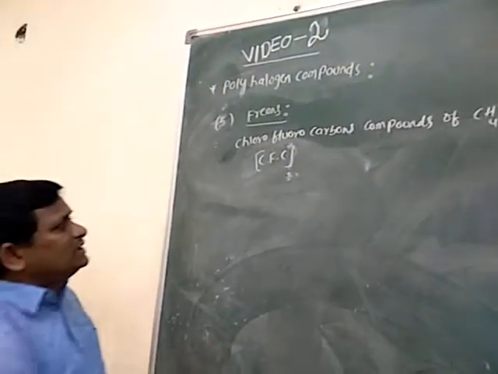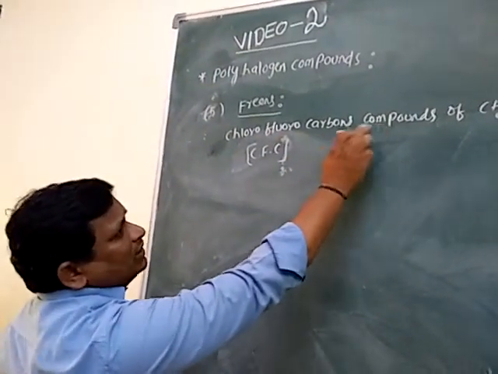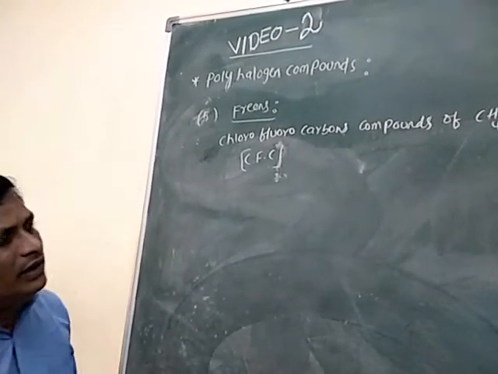So prions are simply chlorofluorocarbon compounds of methane and ethane.